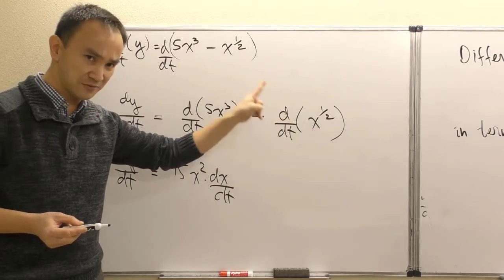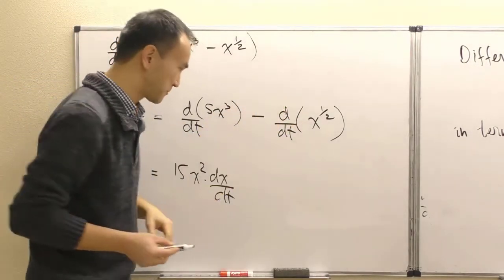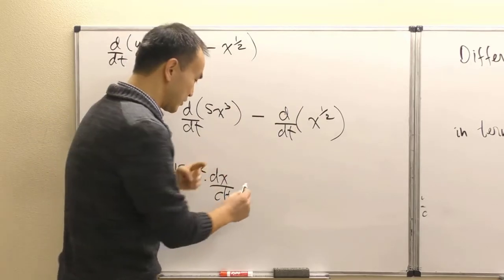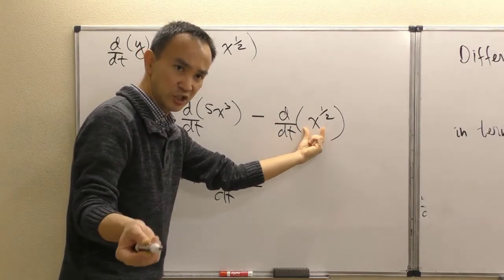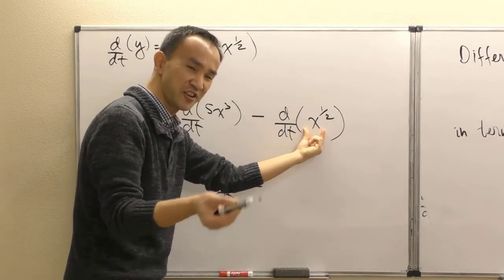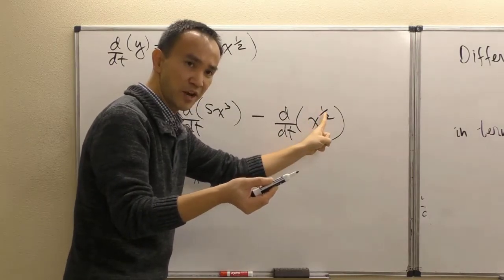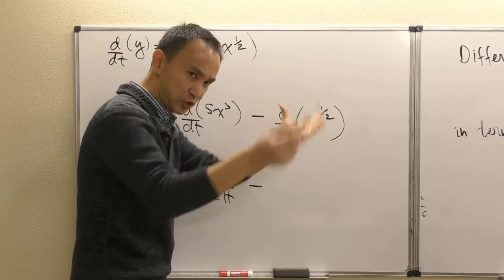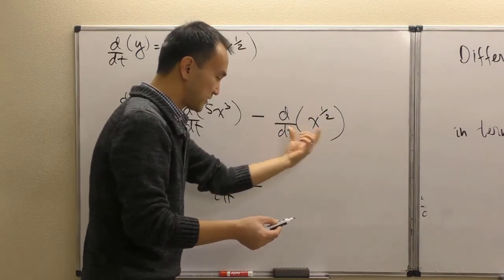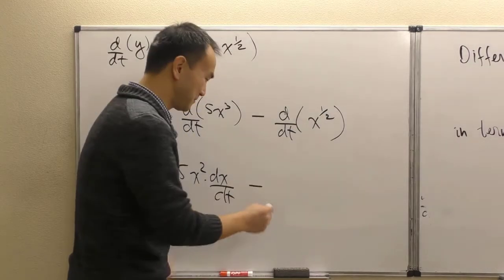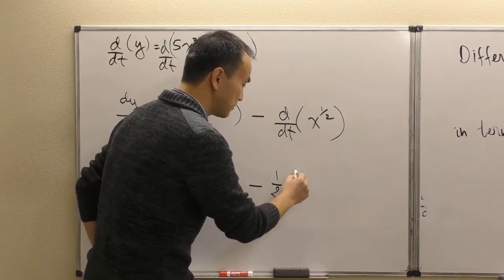So the next one is under the very same argument, the very same logical reasoning. So I have a subtraction term. And so now x being understood as a function, x is a function of t. But now x here is being raised to a 1/2 power, so the raised to the 1/2 power is an outside function. So taking the derivative with respect to t here, chain rule says we're looking at 1/2 times x to the minus 1/2.